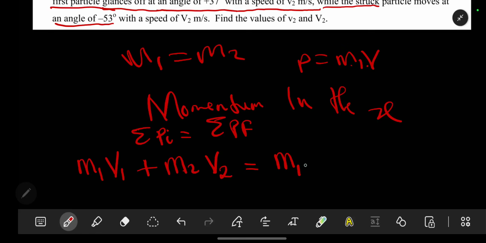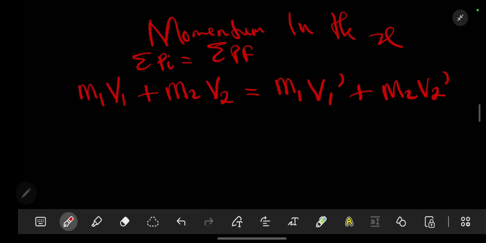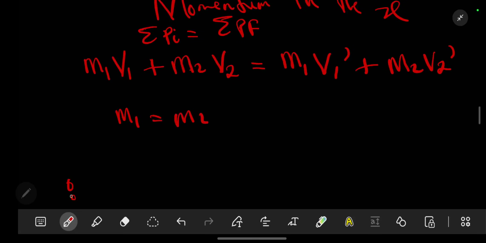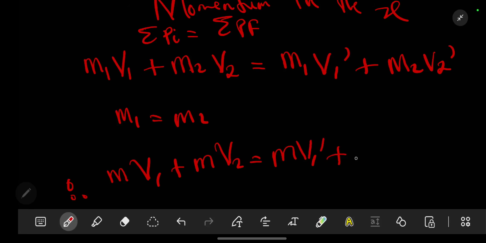Then this side, m1 times v1 final, plus m2 v2 final. Our mass 1 is equal to mass 2. Therefore, this equation becomes m v1 plus m v2 equals m v1 final plus m v2 final.